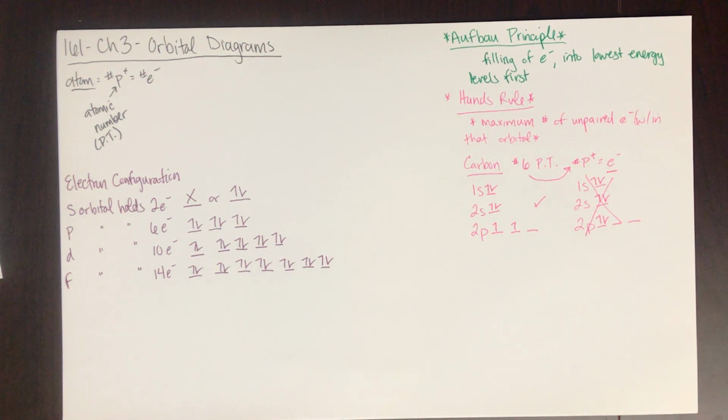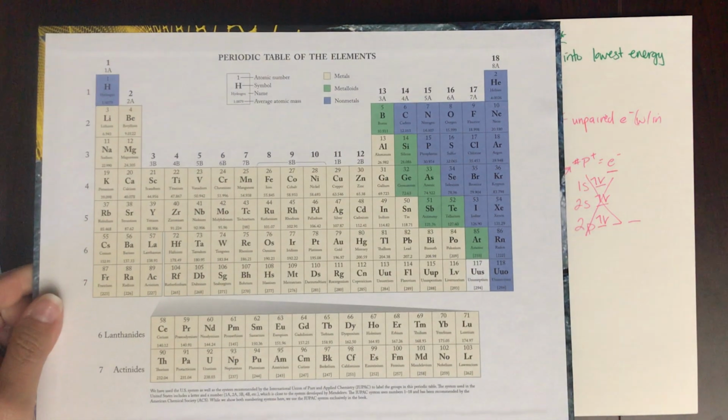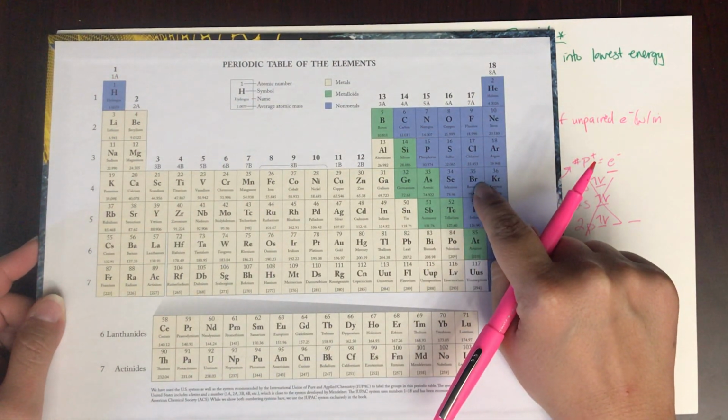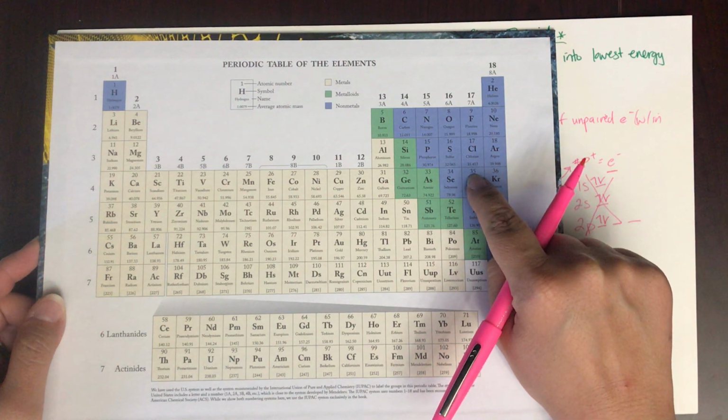So let's look at bromine. Bromine is number 35 on the periodic table. It's Br. This is just the inside of the textbook. Here's bromine right here, Br. It's number 35.